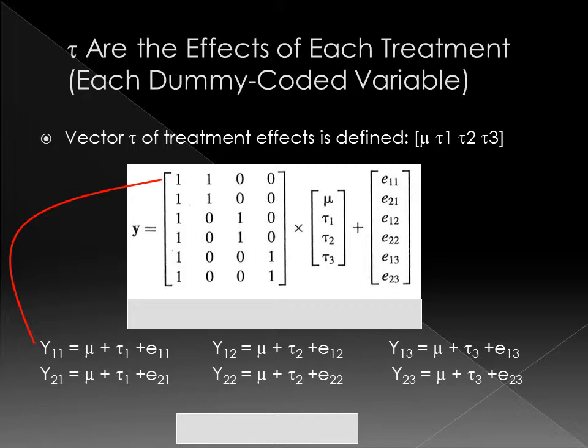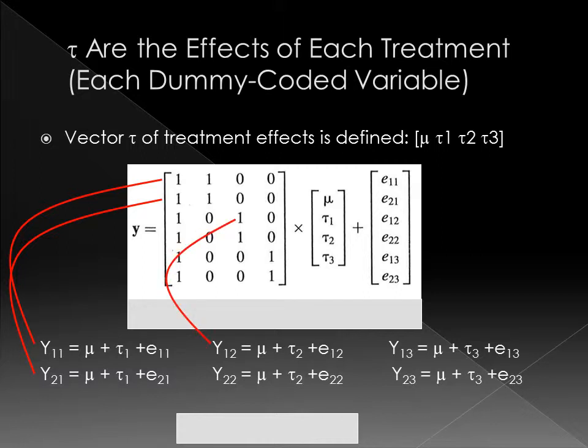Y11 equals mu plus tau 1, the effect size of the first group, plus E11, the error of this first person in this first group. Moving to the second person, Y21, meaning the second person in the first group, equals ground mean plus the effect size of the first group, plus the error for this second person in the first group.